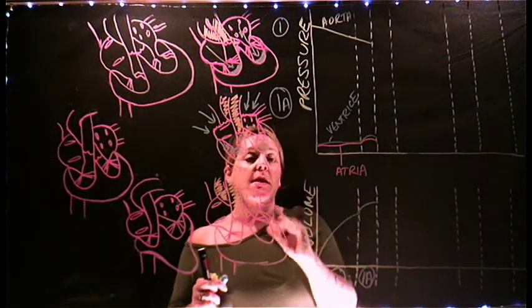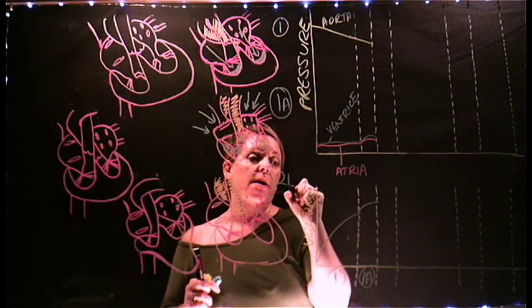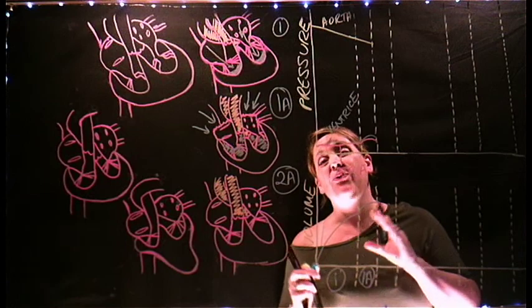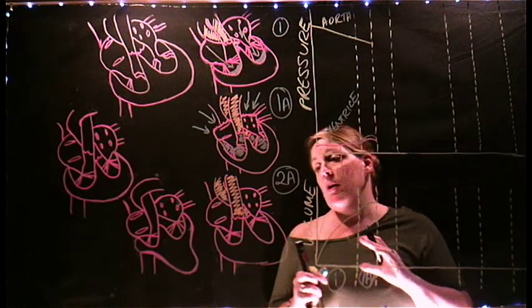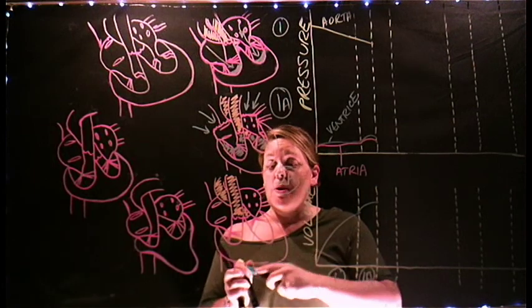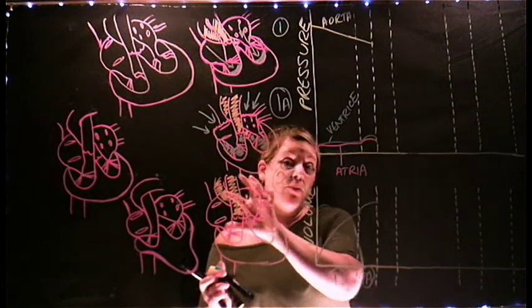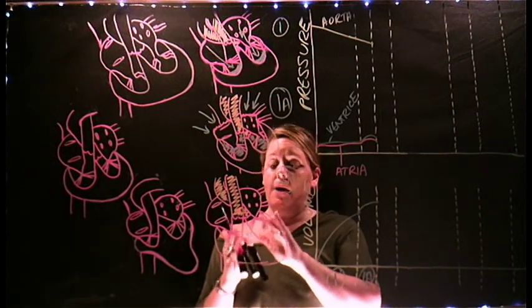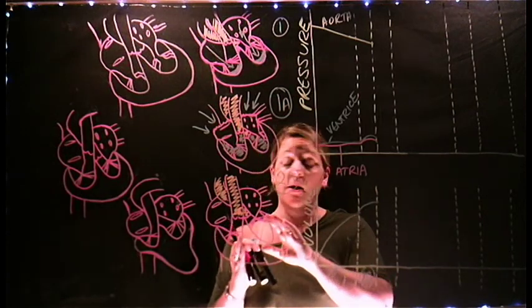The next stage is 2A and is the first part of ventricular systole. Now, what is happening here is that the atria have contracted and we close the AV valves at the end of atrial systole.